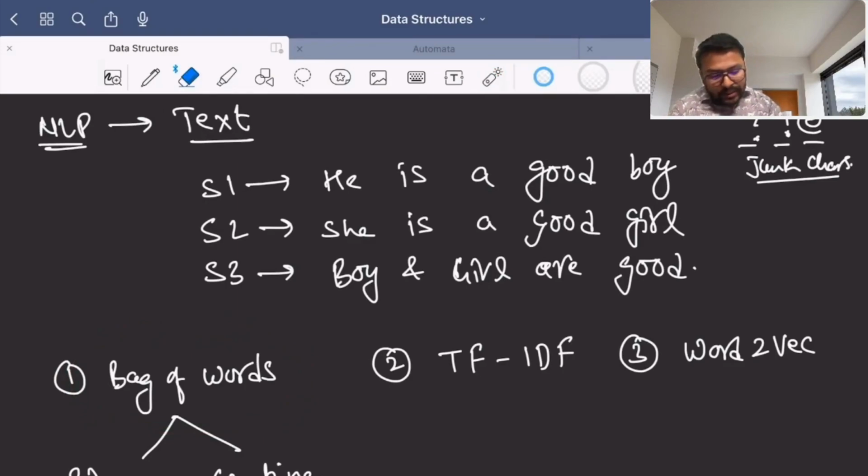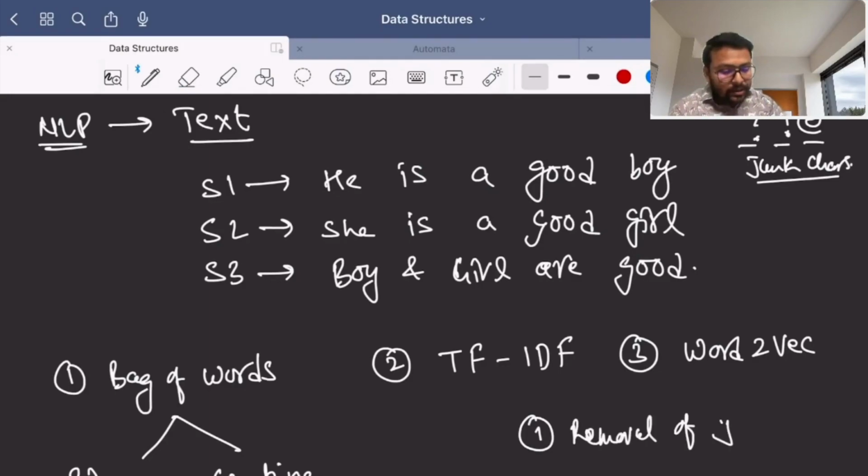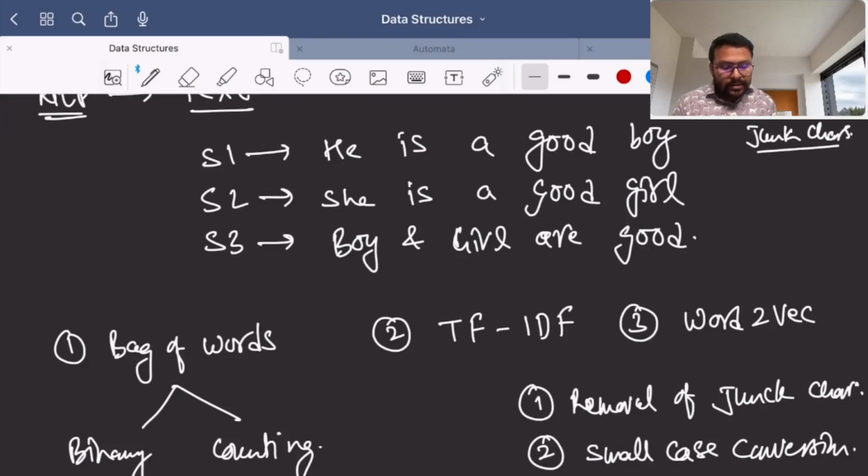So what I have done till now is removal of junk or unwanted characters, then small case conversion. Then I will do lemmatization or stemming, which I am not covering right now. Before that, let's do stop words removal.